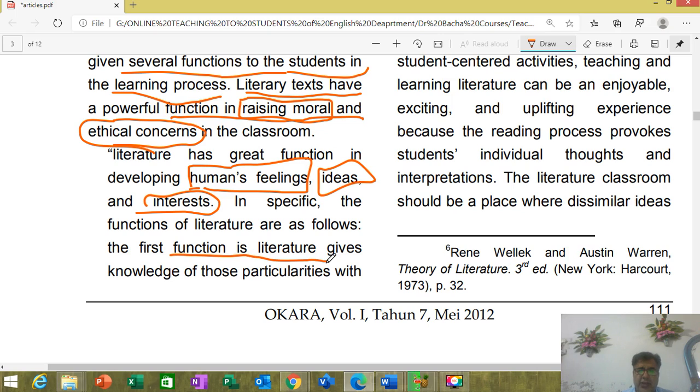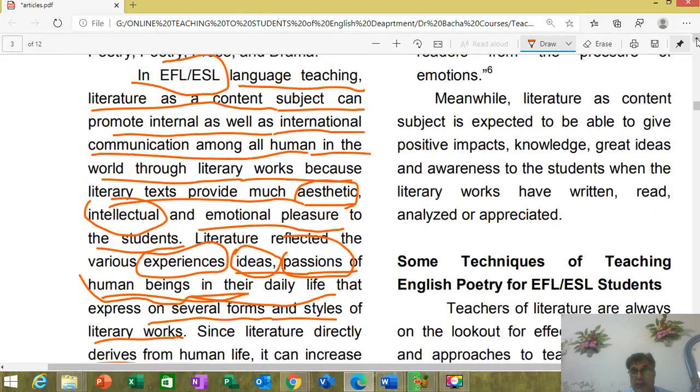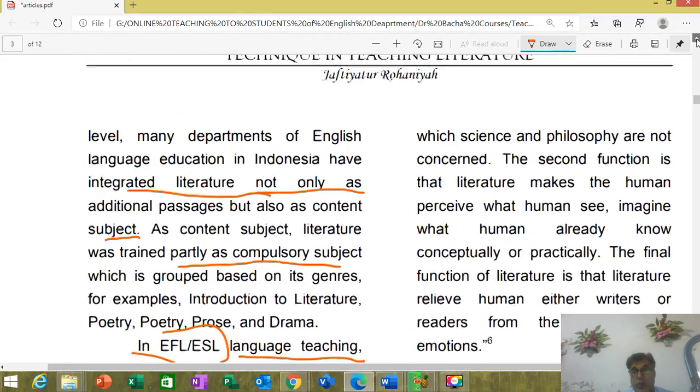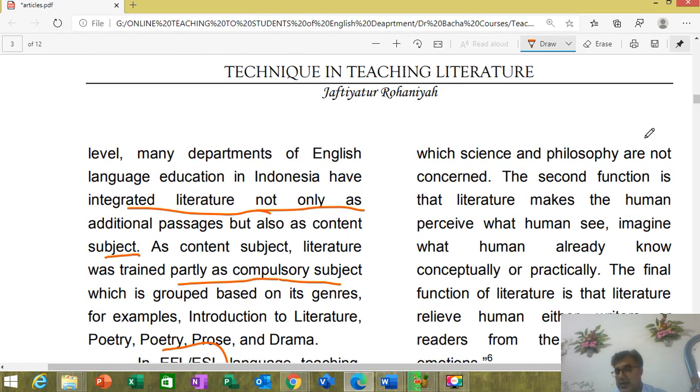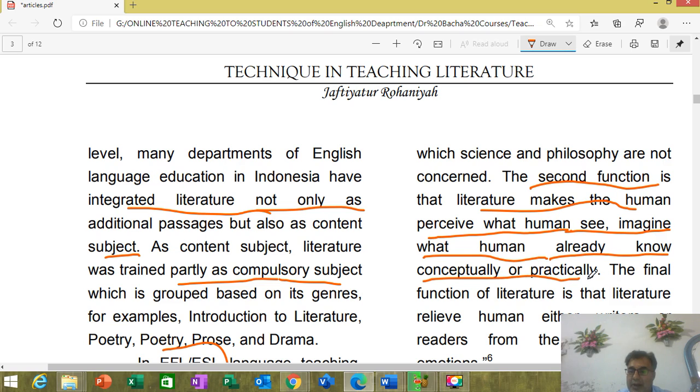The first function: literature gives knowledge of particularities, which science and philosophy are not concerned with. The second function is that literature makes humans perceive what they see and imagine what they already know, conceptually or practically.